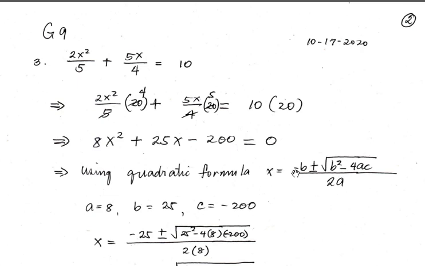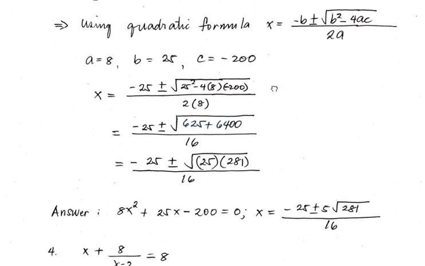x equals minus b plus or minus the square root of the discriminant b squared minus 4ac all over 2a. Let's identify the coefficients a, b, and c in this quadratic equation. a is 8, b is 25, and c, the constant term, is negative 200. Substitute this to the quadratic formula.